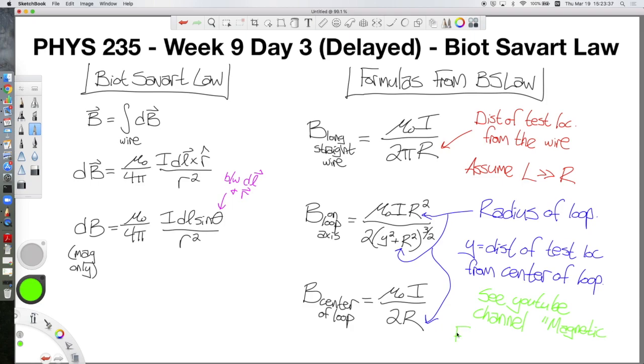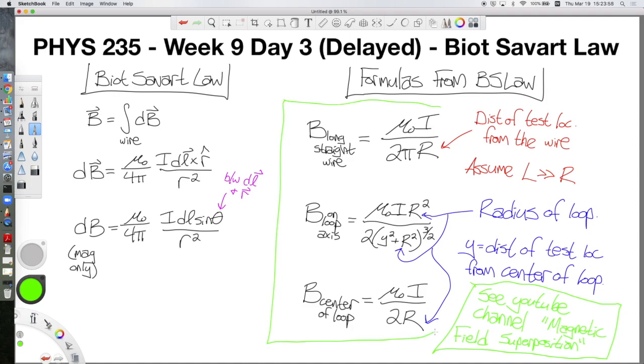If not, just email me and I'll be happy to post that link again. But the relevant video on there is called Magnetic Field Superposition, and it would be a great practice problem to see if you are comfortable using these formulas in green that we have derived today.